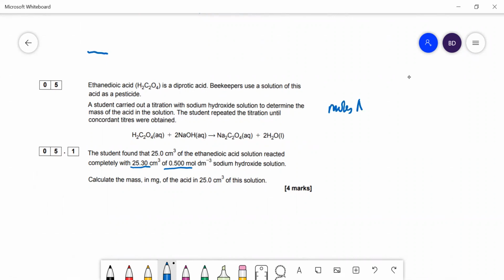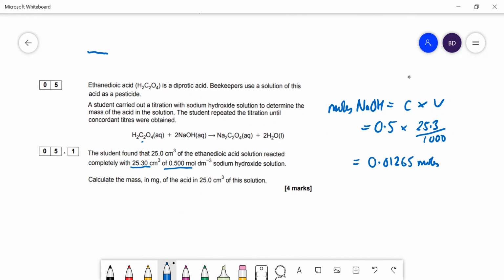Moles NaOH is equal to the concentration times the volume. Concentration is 0.5. The volume is 25.3 over 1,000 dm cubed. That is equal to 0.01265 moles of NaOH.